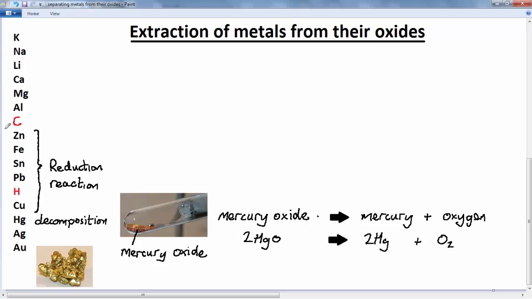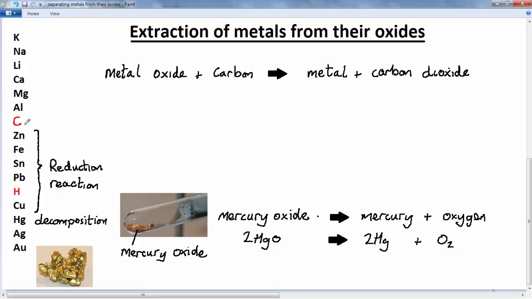And in this type of reaction we're going to use carbon to displace the metal from its oxide. And we can only use carbon in this method if carbon is above the metal in the reactivity series. So what happens is carbon grabs hold of the oxygen from the metal and forms carbon dioxide, and so the metal becomes separated from its oxide.